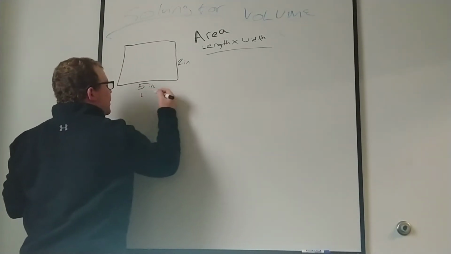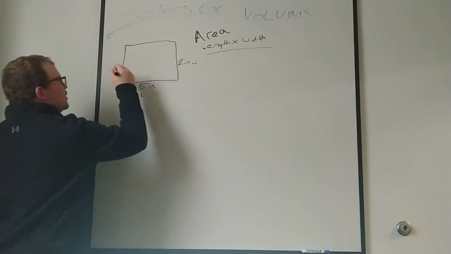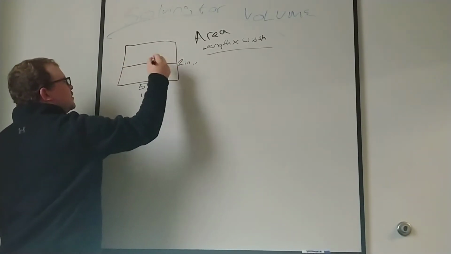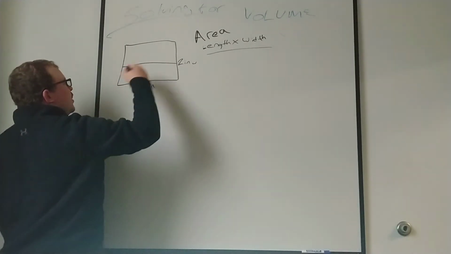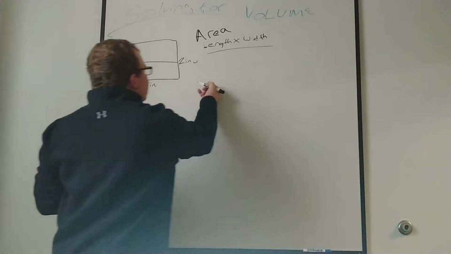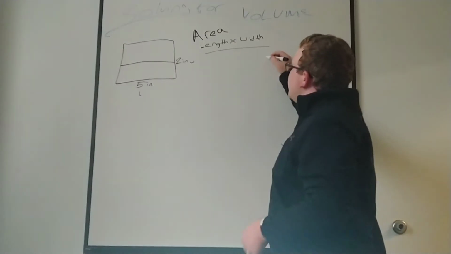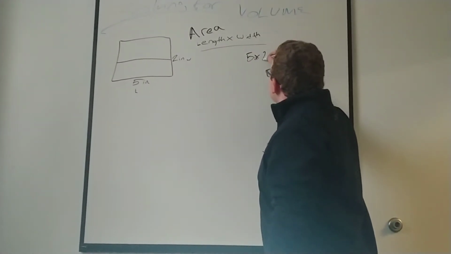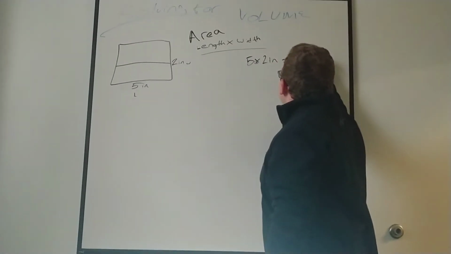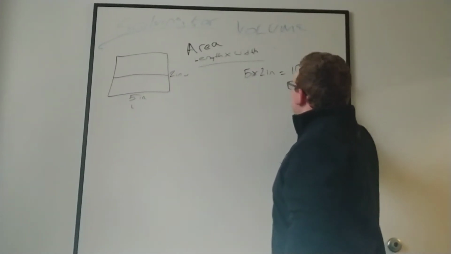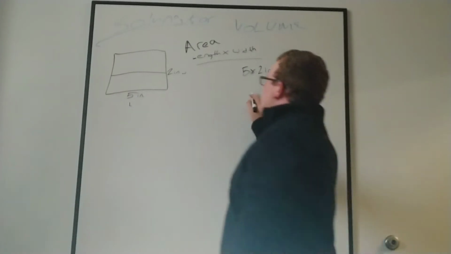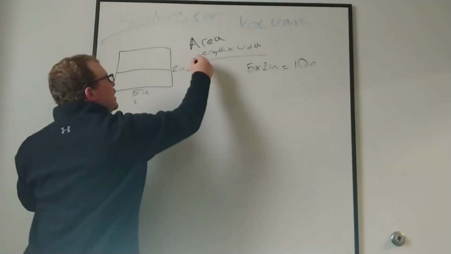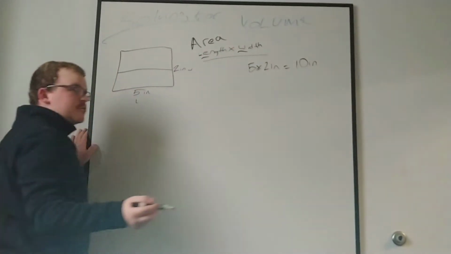So this would be our length and our width, because this is 2 blocks tall, or 2 blocks wide, and 5 blocks long. So if we multiply it, 5 inches times 2 inches would be 10 inches, correct? Now, everybody understands length times width by this point, correct?